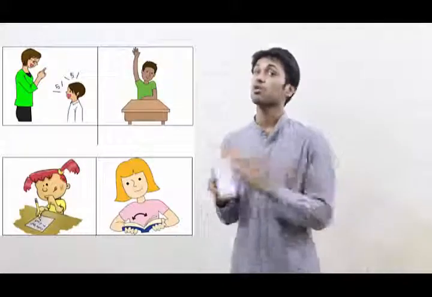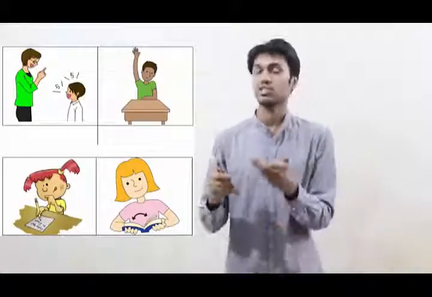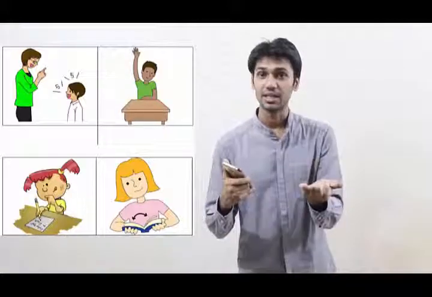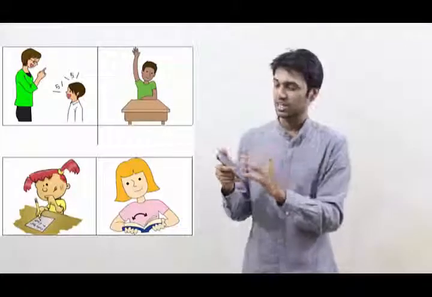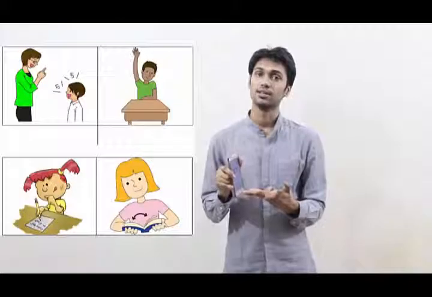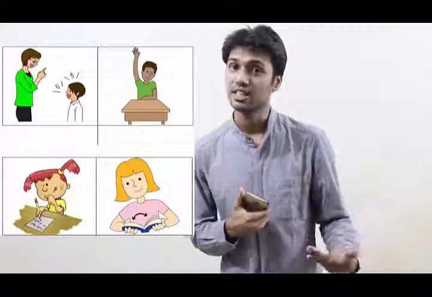This time you show them the picture and ask them, what is this? They should be able to identify. This is stand up, this is sitting down, this is follow me, repeat after me. This means repeat after me. Try to make them explain what these are. If they fail to do that, help them write it down.